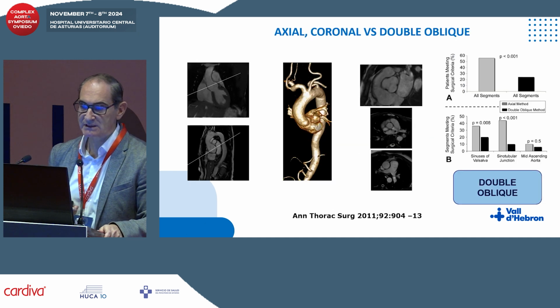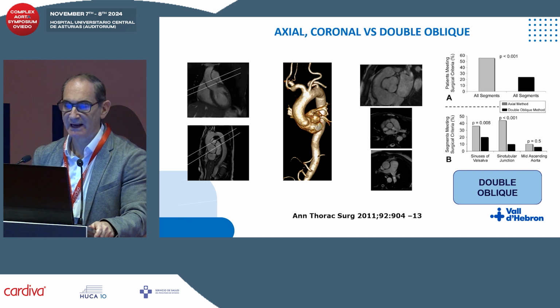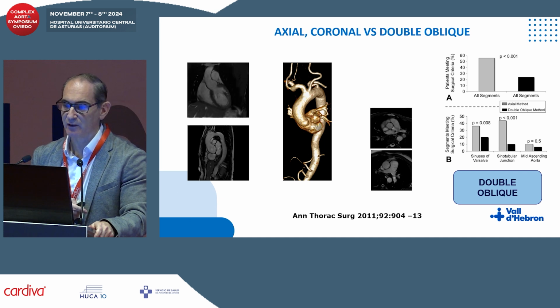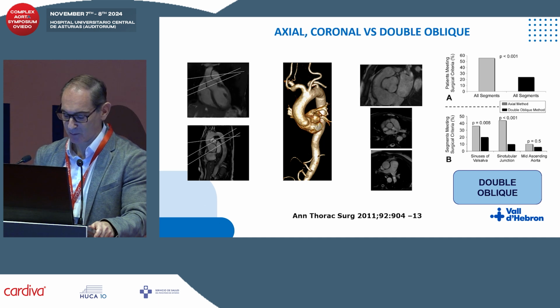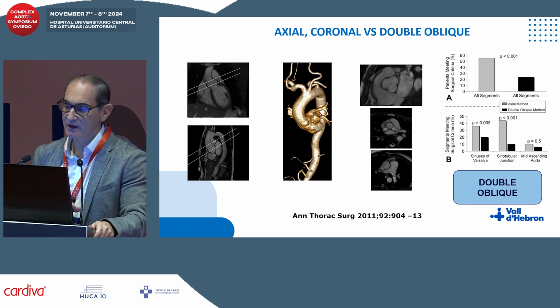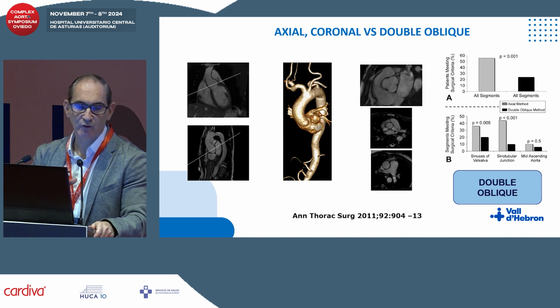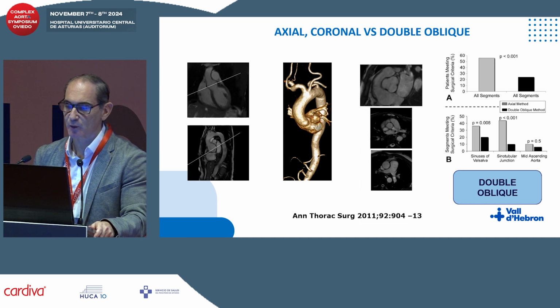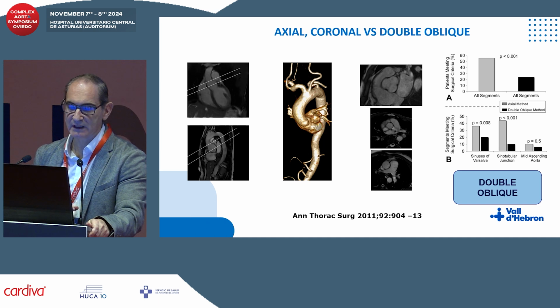Another important point is that, based on the different modalities, we can do our measurements in an axial, in a coronal, or in a double oblique modality, and it is recommended that we use the double oblique modality because, as you can see here in the graphs, when we use axial images we are overestimating the aortic diameters compared to the double oblique technique.